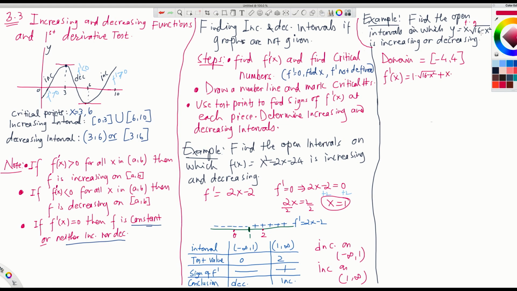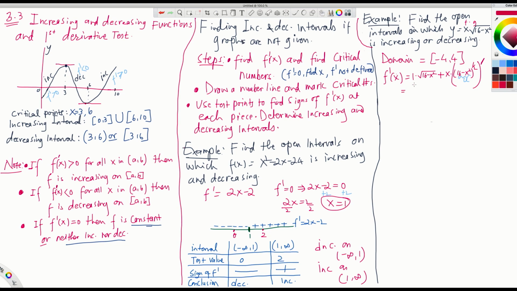What is g? g is 16 minus x squared to the 1/2, and you are finding the derivative of that. You can take this as u to the 1/2. So what is the derivative of u to the 1/2?